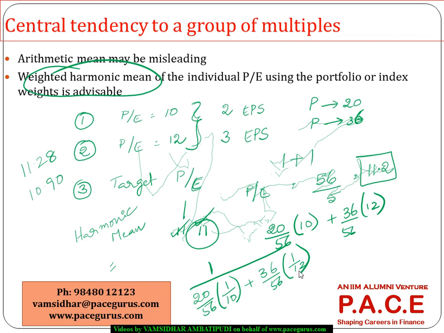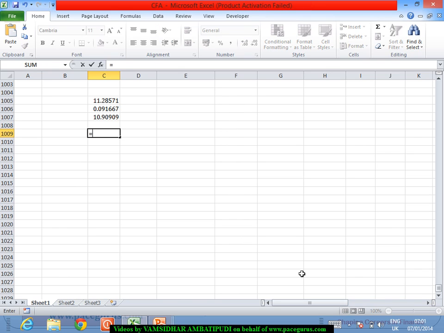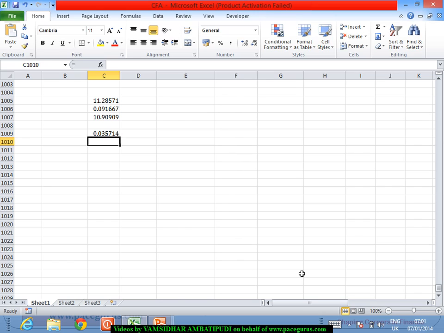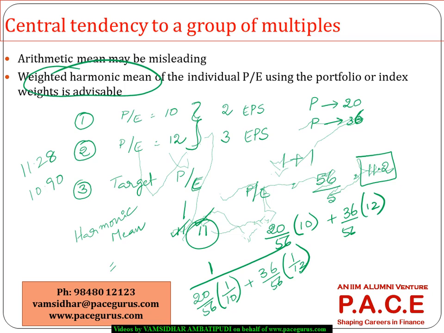One side becomes 20 by 560. That is the first part. The second part is 36 divided by 56 times 12. Add up these two things and take the reciprocal of that. This is what we call the weighted harmonic mean, which comes out to 11.2.